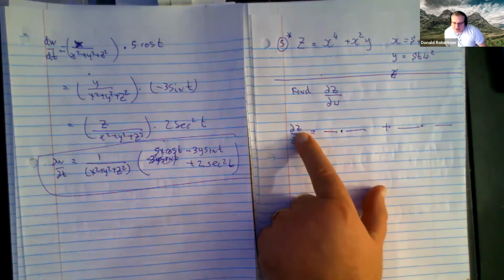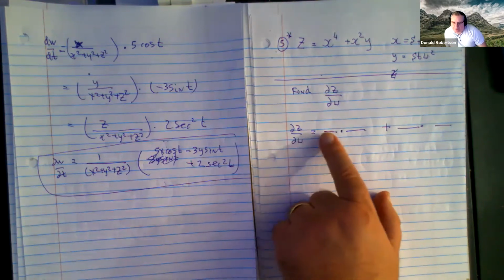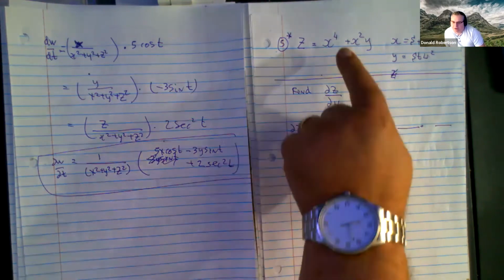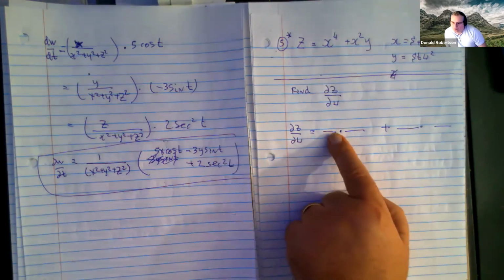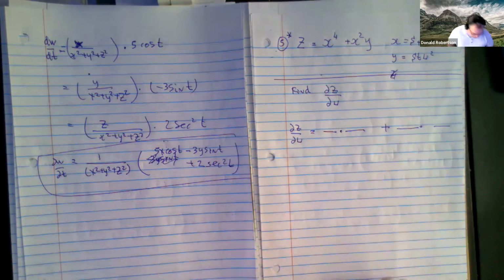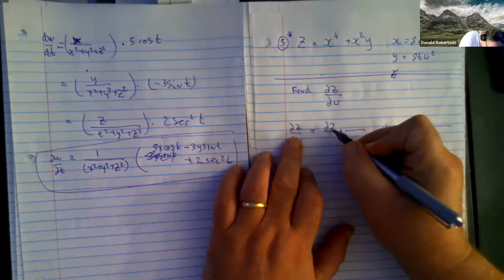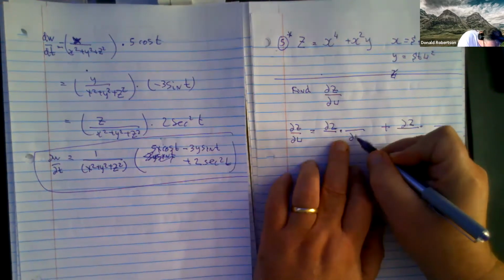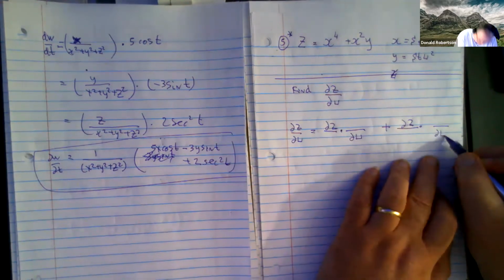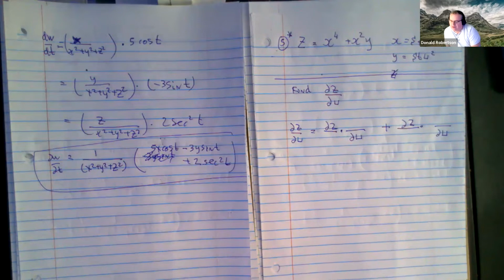So we need to set up the chain rule for this situation. There are 2 variables. So what goes here and then what goes here? Well, I know that they all start with a Z. And I know that they all finish with a U. Right? That structure is pretty much guaranteed.